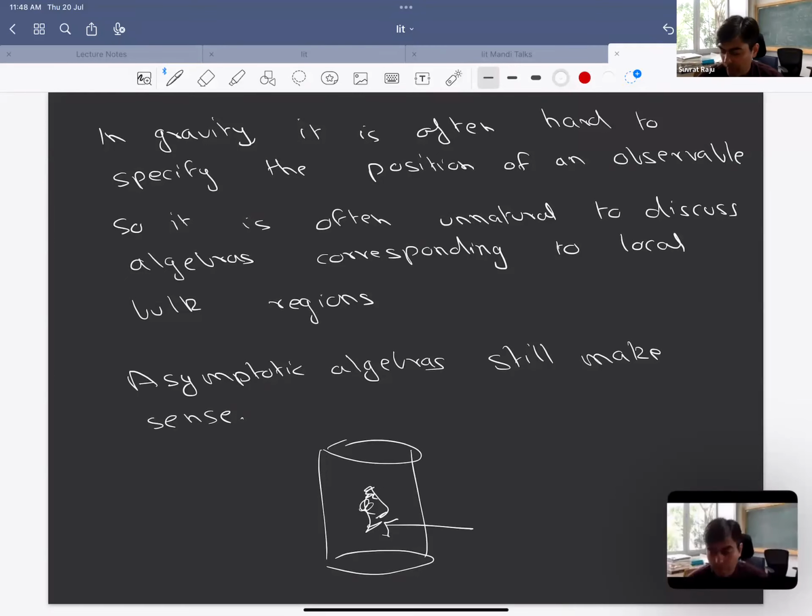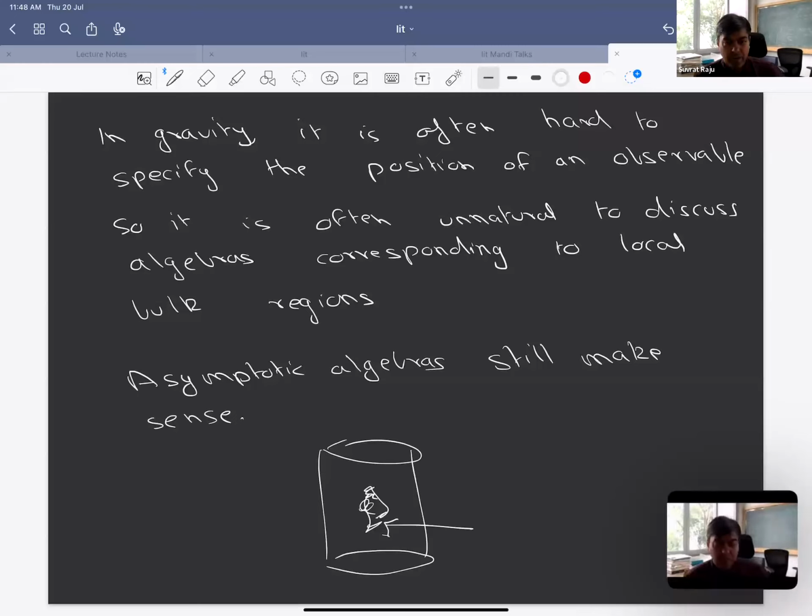Yeah, maybe we'll discuss this at the end of the lecture tomorrow. Roughly the way these things work is you try and introduce an observer. Then in the presence of an observer, you can try and discuss some observables which are addressed with respect to the observer.